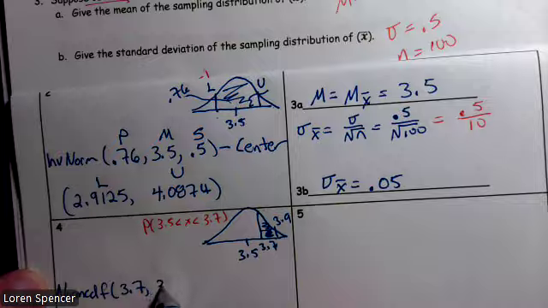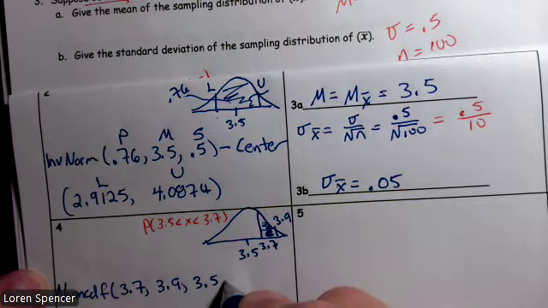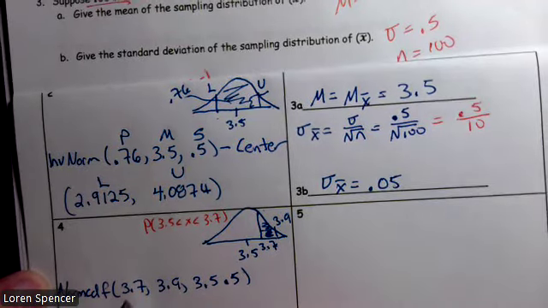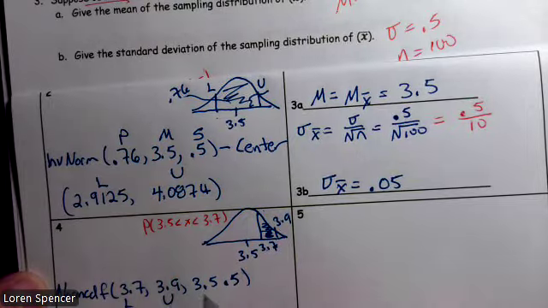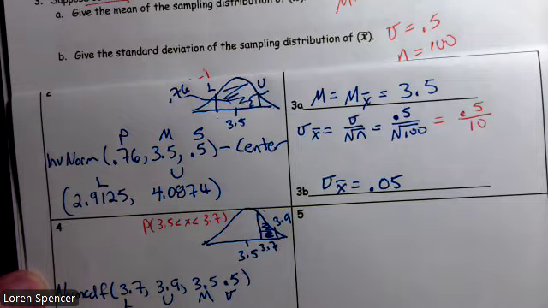Upper bound, 3.9. Mean, 3.5. Standard deviation, they told us up above was 0.5. We're going to label that. That's our LUMO. Lower, upper, mean. And no, it's not an O, but sounds good as an O.